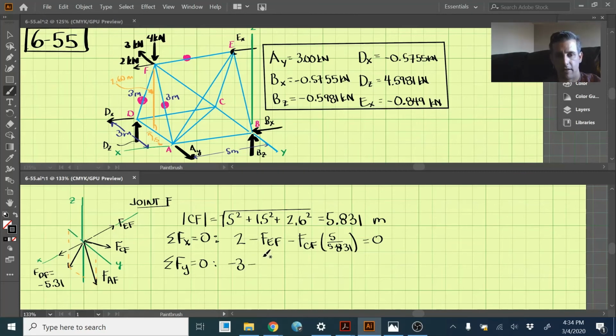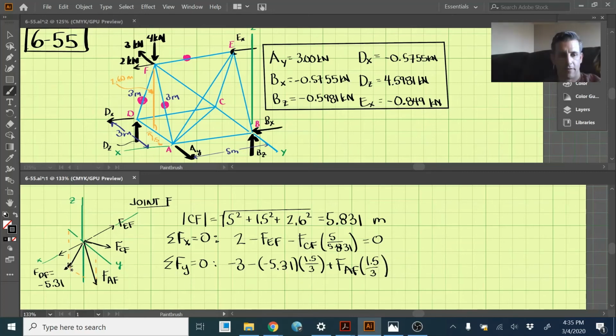So we have negative of a negative FDF, and the component of that, as we move from F to D, that length there is 1.5, over the total length of D to F, which is 3 meters. And then we'll have positive FAF, and the component of that in the y direction is again 1.5 over 3.